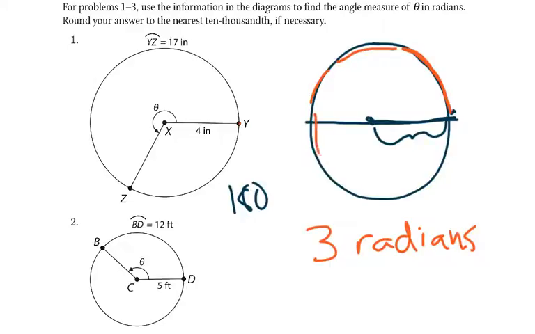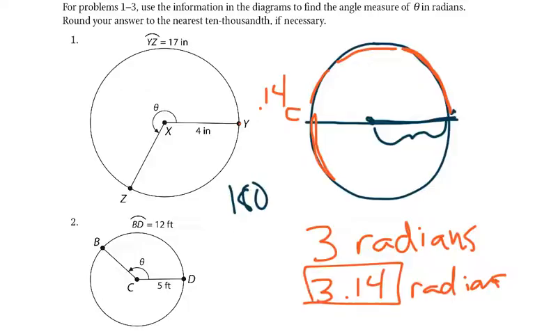But they had a little piece left over. Okay, and that piece was about 0.14. Obviously it was a decimal that was longer, so a half circle is about 3.14 radians. Okay, which that number should look familiar. It's pi. That's where the pi comes from. It comes from the radians.